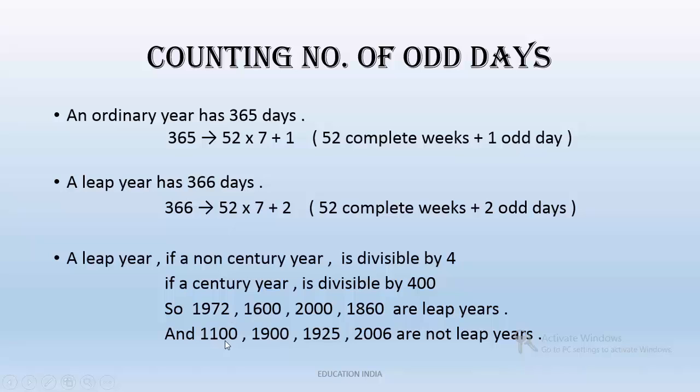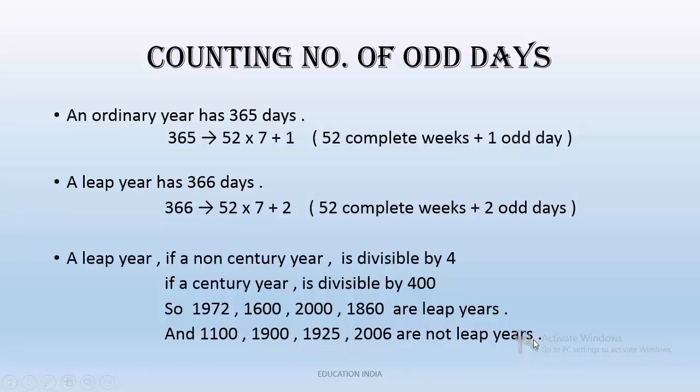Whereas 1100, it's surely divisible by 4, but since it is a century year, for 1100 to be a leap year, it has to be divisible by 400, not 4. So 1100 is not a leap year.